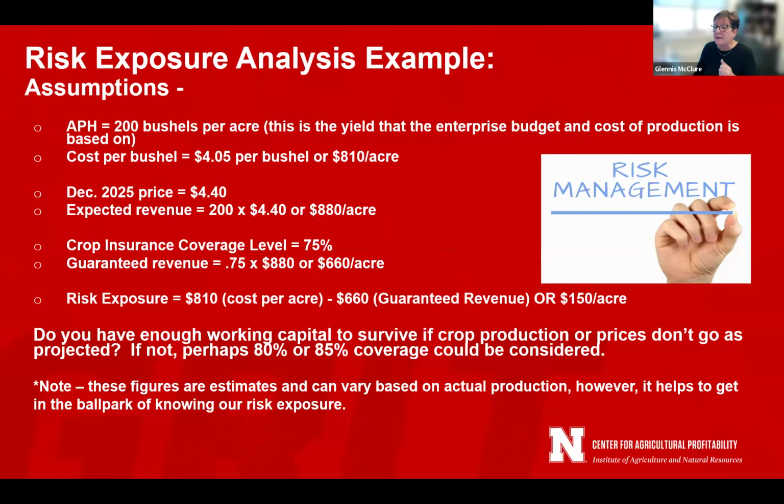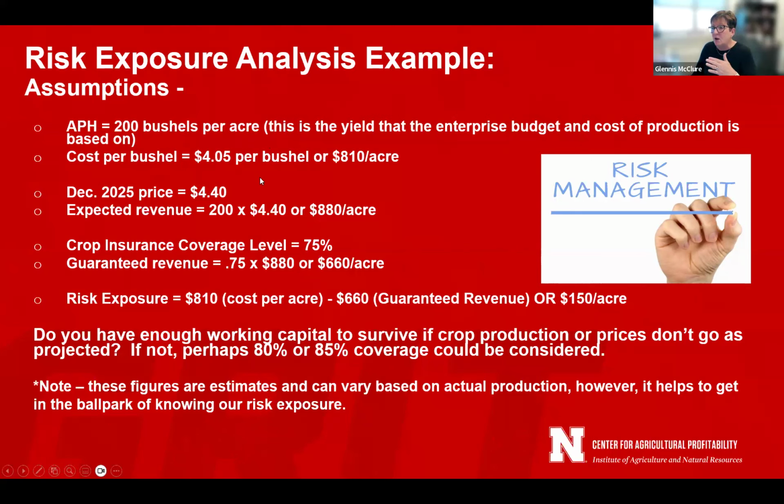So the question to ask then is, do I have enough working capital to survive if the crop production or prices don't go as projected? If not, maybe there's an 80 or 85% coverage that I could consider. As always, these are estimates and can vary based on actual production.